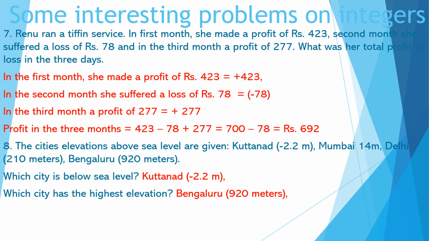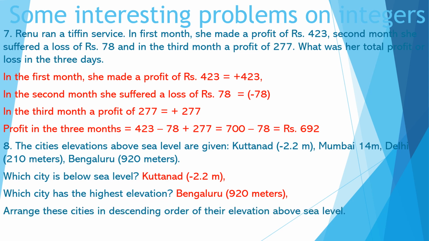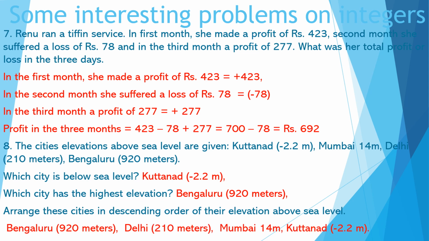Which city has the highest elevation? Bengaluru, 920 meters. Arrange these cities in descending order of their elevation above sea level. So Bengaluru 920 meters, Delhi 210 meters, Mumbai 14 meters, Kuttanad minus 2.2 meters.